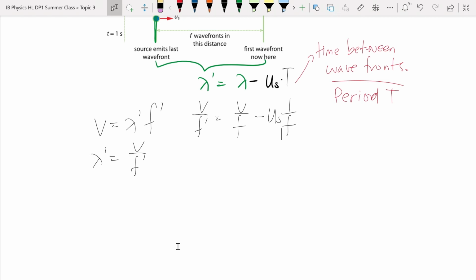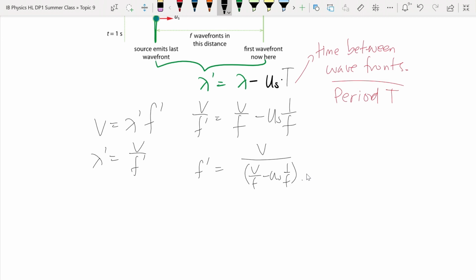So let's divide everything by the velocity and get the reciprocal. So on the left hand side, you're going to get f prime, which is what you want. And you divided everything by the velocity on the other side and you flipped it over, right? So it's going to be velocity divided by v over f minus u_s, like so, right?